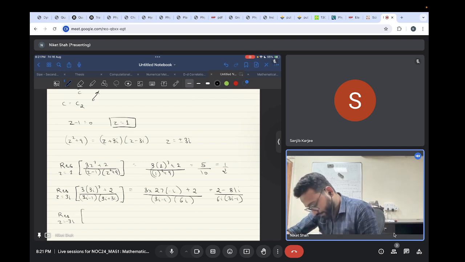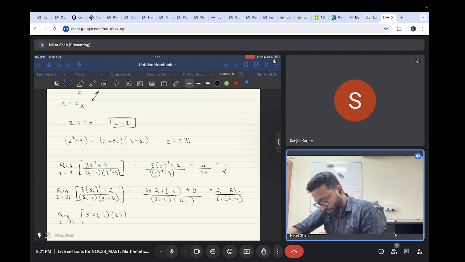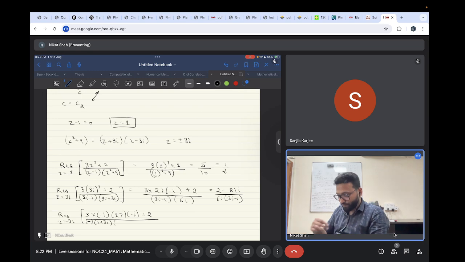So that becomes 3 into minus 3i, so it will have a minus sign outside, and 27 into minus i plus 2, divided by negative sign outside, 1 plus 3i into minus 6i.